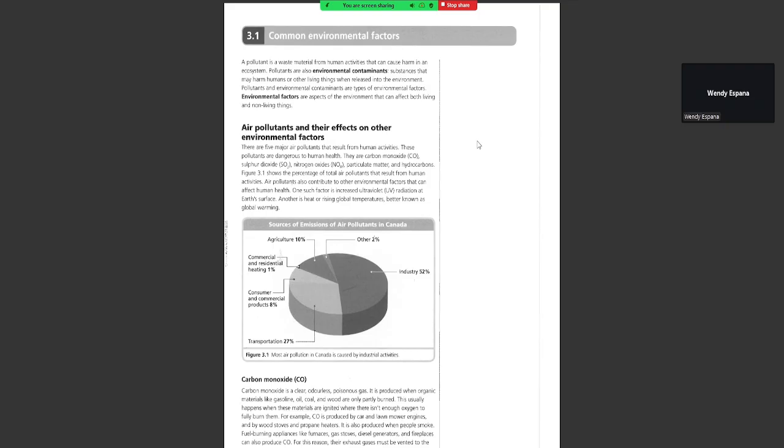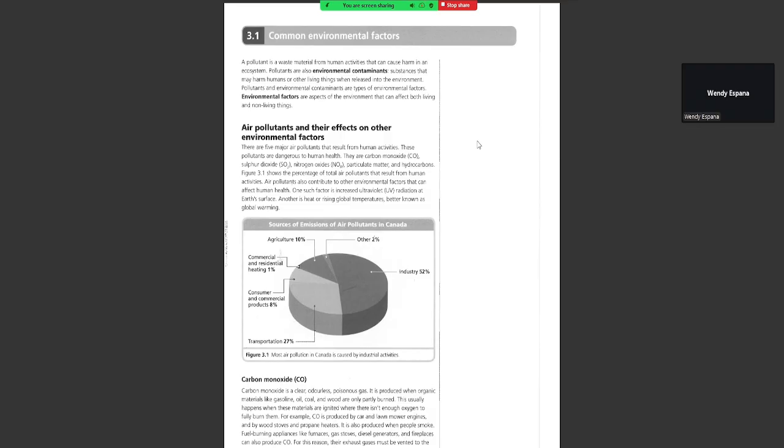Okay, it says there on page 61, it's 3.1 in the textbook, we're lesson 8 in the course, that pollutants are also environmental contaminants, substances that may harm humans or other living things when released into the environment. So we look at the fact that a lot of these contaminants are produced by humans, not maybe individuals, but by factories, etc., creating a product. But their effect now is what we're looking at on humans.